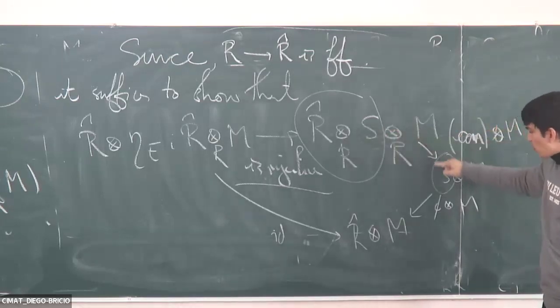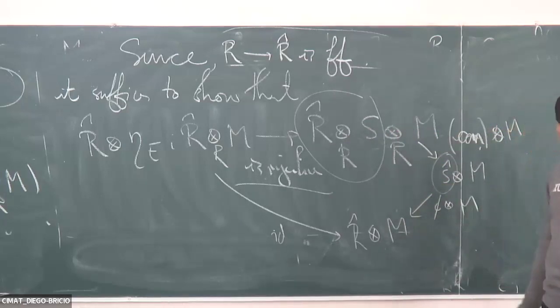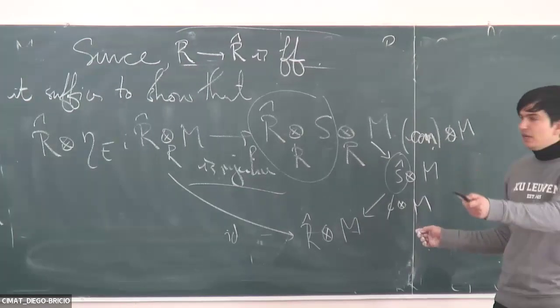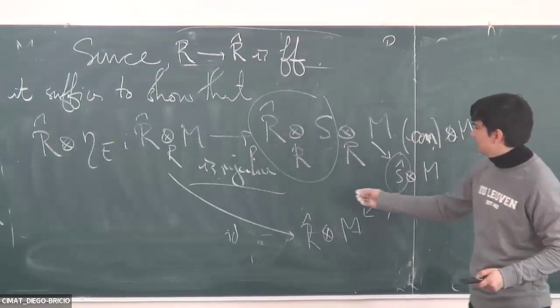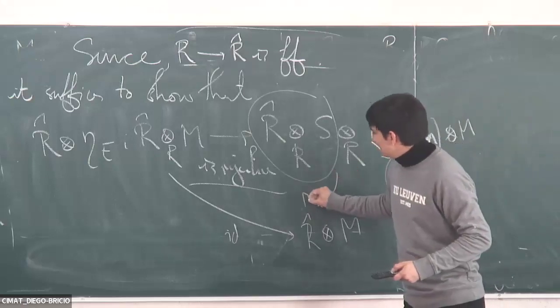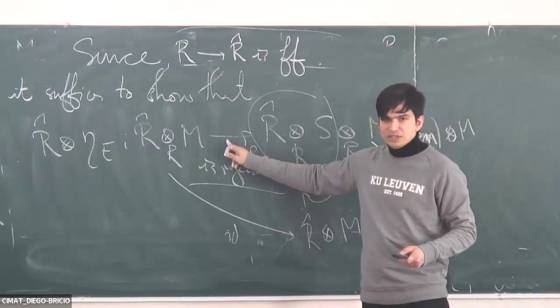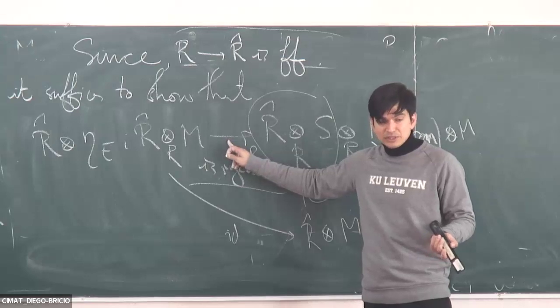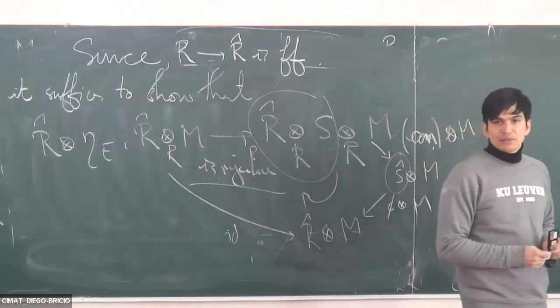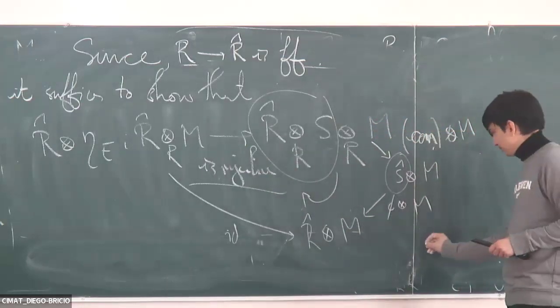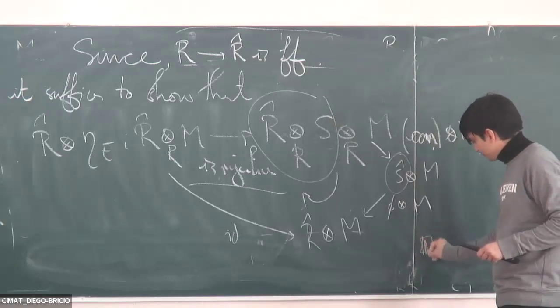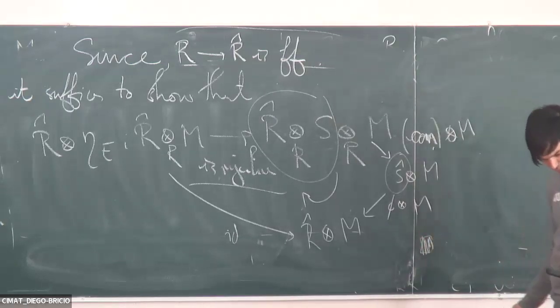Since everything is just different ways to look at the scalar actions, this whole map here is commutative. And therefore, this thing here is not just injective, it is split. So that's the proof. Any question with that?